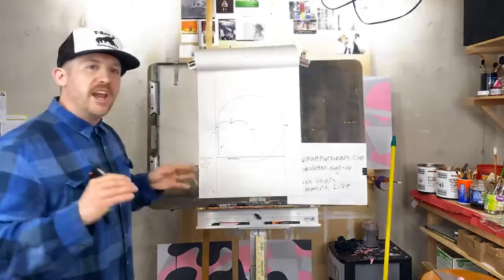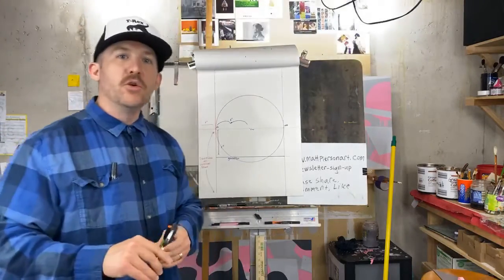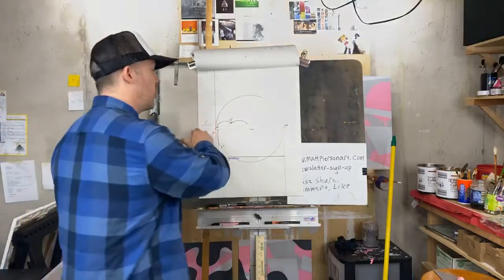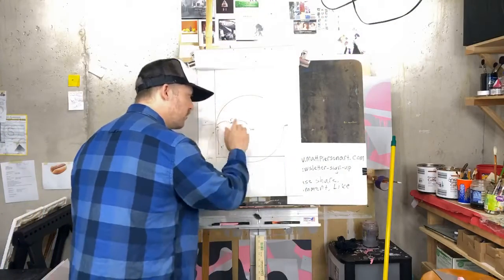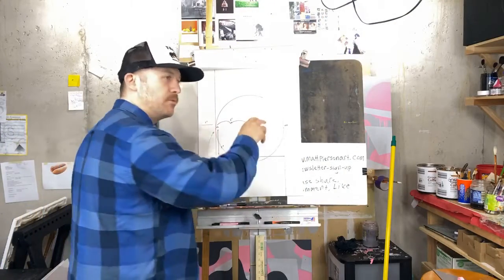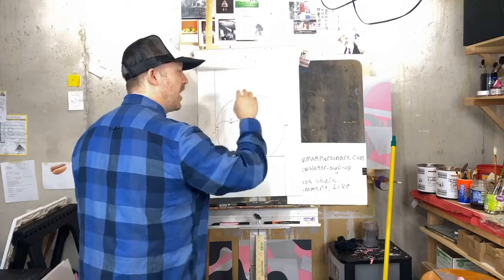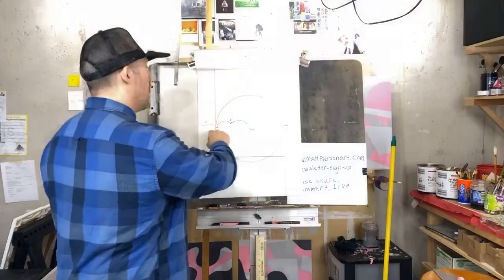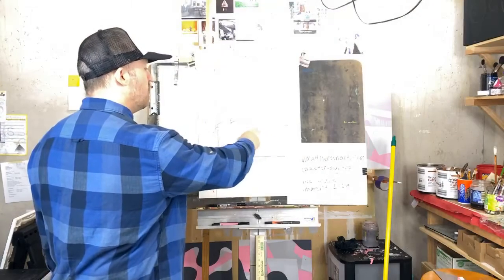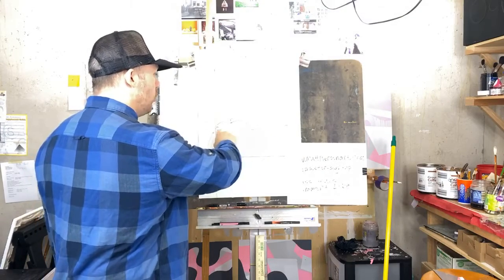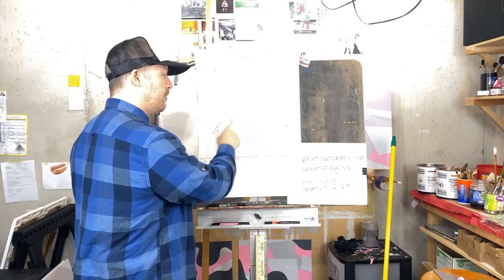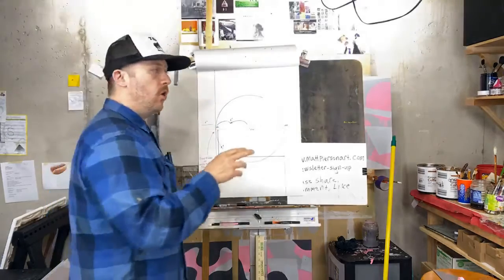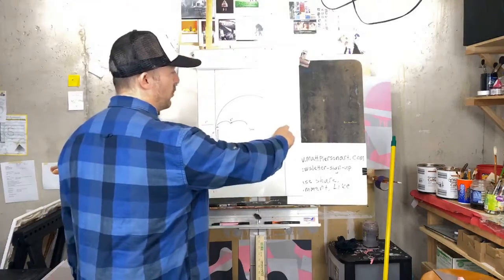So if you want to err on the side of caution, you start out with your horizon line, your central vanishing point, you put your vanishing point left and right. Then you establish your ground line, which would be at most the distance between your vanishing point left and central vanishing point, or your central vanishing point and vanishing point right.